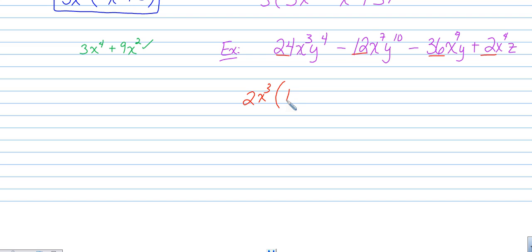24 divided by 2 is 12. We had 3 X's here, and we pulled 3 out, so we don't have any X's to write. We have 4 Y's, and we didn't take any away, so we still have 4 Y's. Negative 12 divided by 2 is negative 6. We have 7 X's here, and we took away 3, so that means we have 4 left.